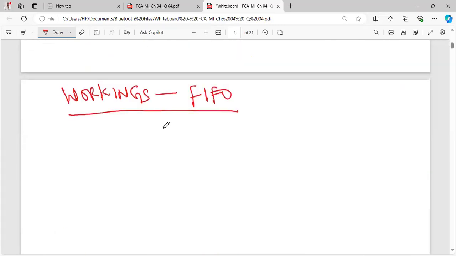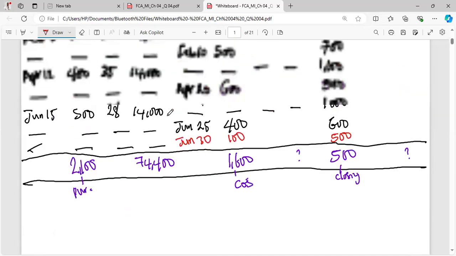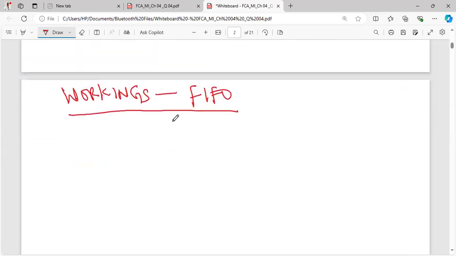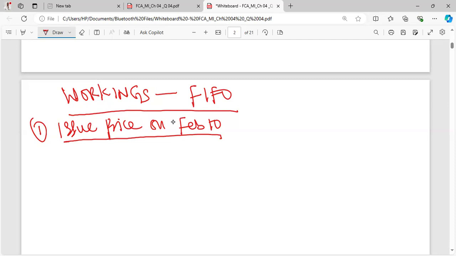So we'll say issue price on February 10. 200 at 36 pounds.